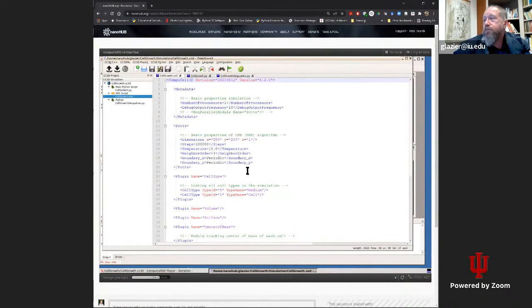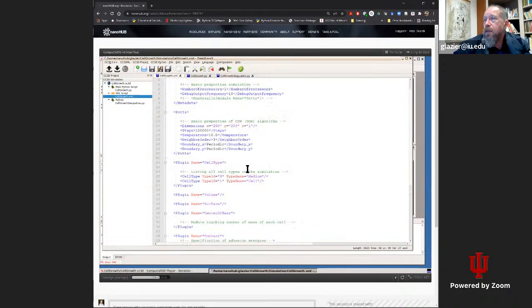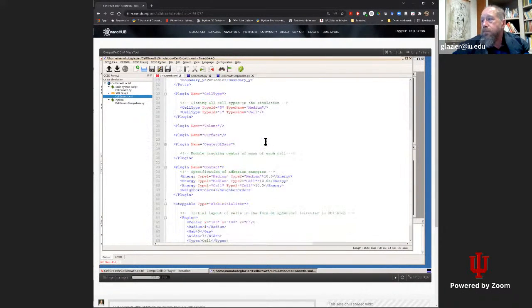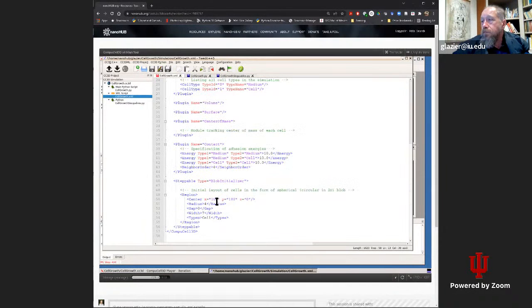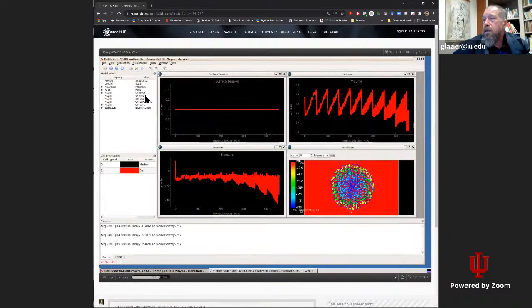Let me do that. I'm going to change that. I'm going to make the lattice smaller, 100 by 100. I have to recenter my initial cell. Everything else is okay. So let me try again.